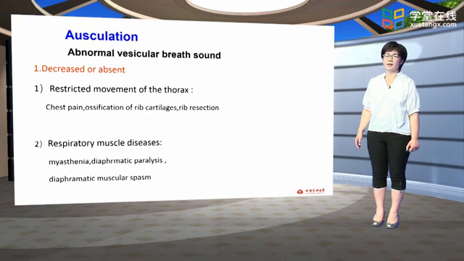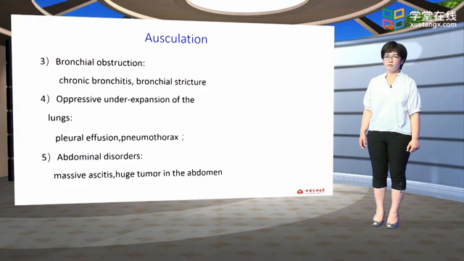The second reason is respiratory muscle disease, like myasthenia, diaphragmatic paralysis, or diaphragmatic muscular spasms. If they have respiratory muscle disease, you cannot breathe so big and so long, and the sound is decreased.